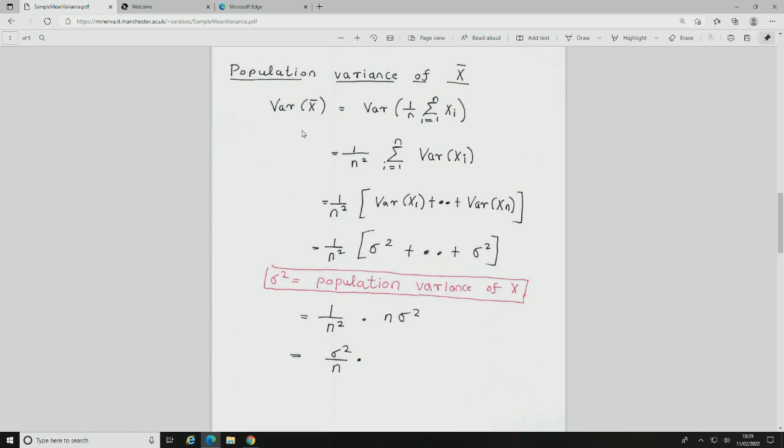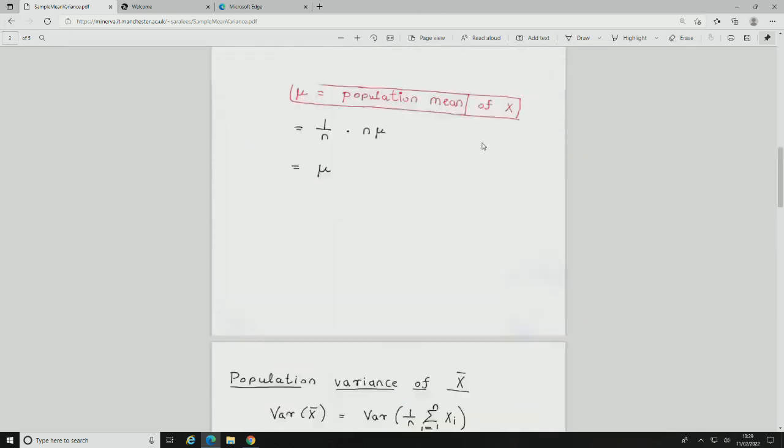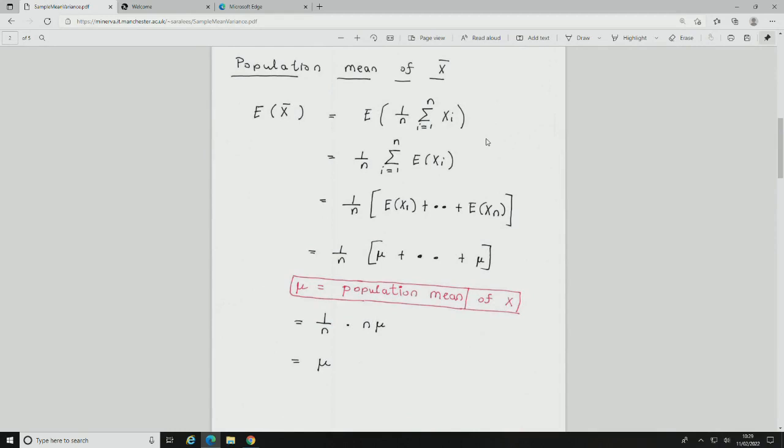Here we have a random sample from a distribution that has a continuous distribution with a PDF equal to A times X to the power A minus 1, where X is between 0 and 1 and A is positive, right? The question is once again the same question, that is, we want to find the expected value of X bar and the variance of X bar.